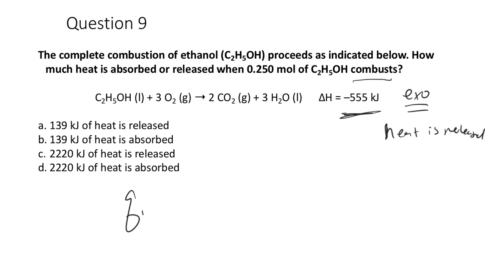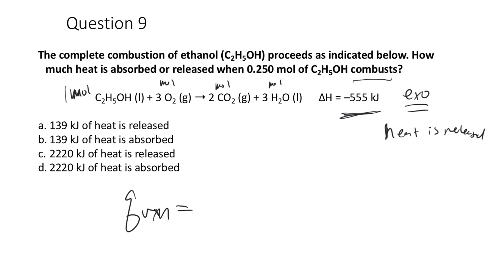Well, let's calculate our Q reaction. I tend to think of the Q reaction as for a specific quantity of reaction. Delta H is for a reaction as you have it written, where the coefficients are understood to be moles. So you have 1 mole of ethanol plus 3 moles of O2, forming 2 moles of CO2 and 3 moles of water. This reaction as written has the delta H of minus 555 kJ.